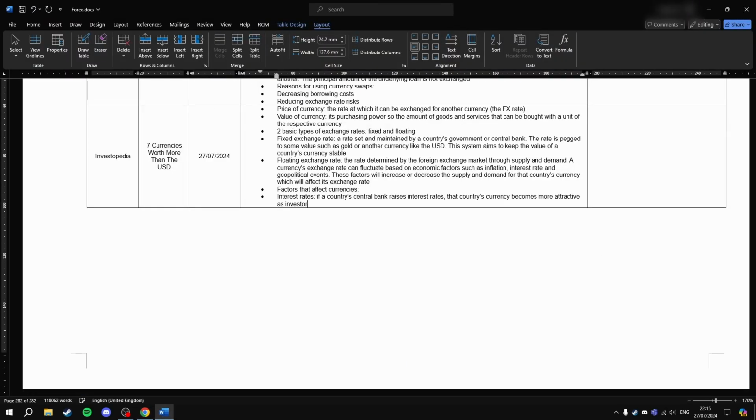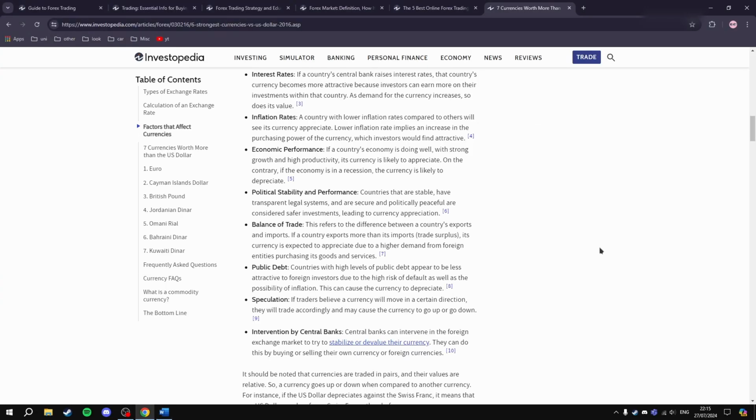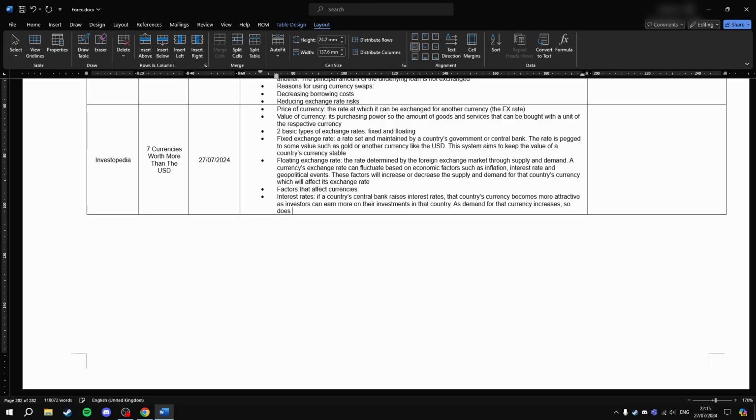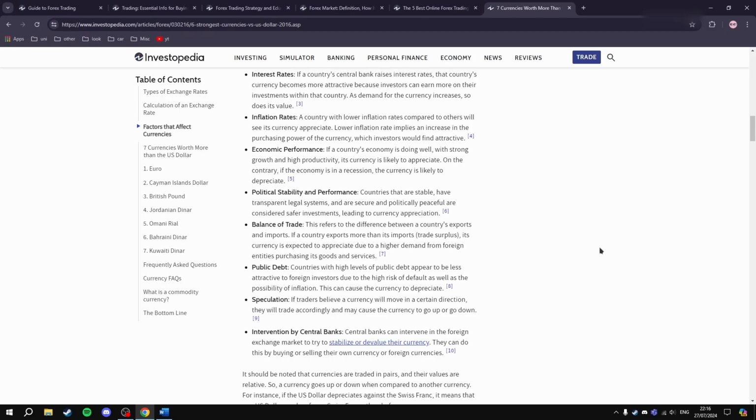As demand for that currency increases, so does its value. Quote and base currency.